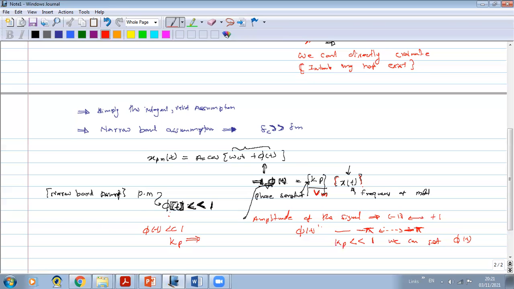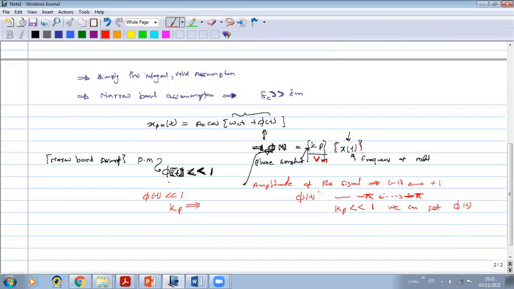Anyway, I can't see any direct relationship between the frequency of the modulating signal and this narrowband assumption.